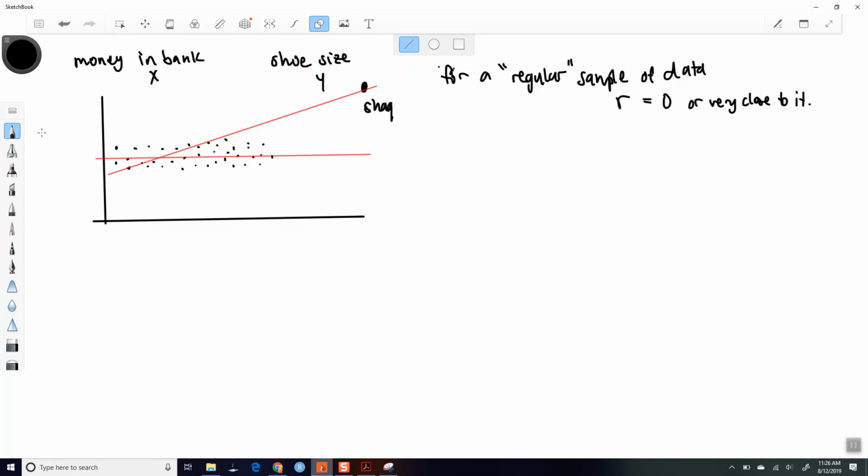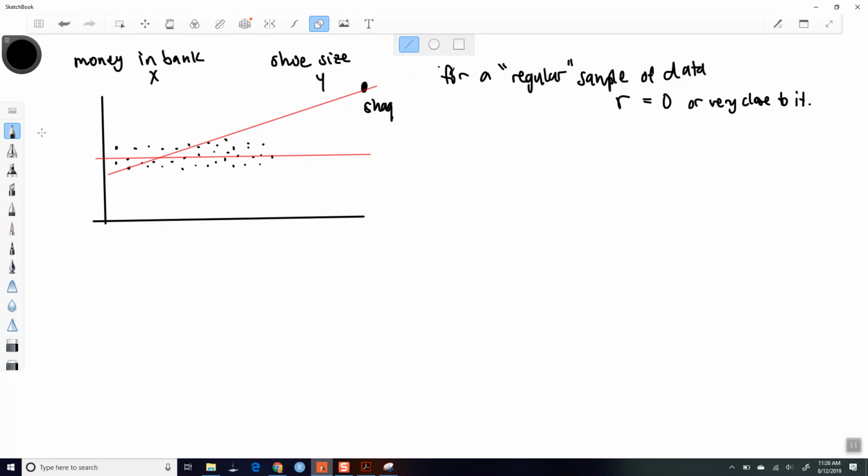And I guess this is a sample of data for adults. If we included children, then we would see a positive relationship because kids will have small feet and very little money in general, and so suddenly they would throw off our analysis, right?